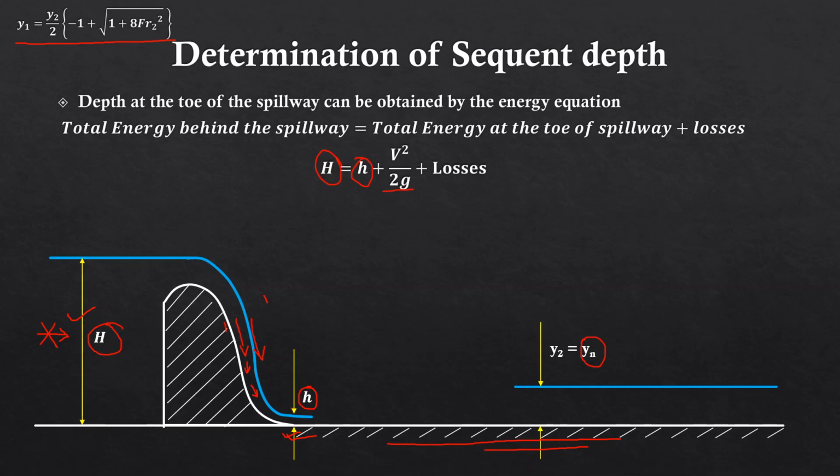Normal depth means that for a given discharge, given Manning's coefficient and given slope, the water will flow at a uniform depth, the normal depth. So under undisturbed conditions, this will be the depth available at the downstream. That means this y2 has to be equal to this normal depth.